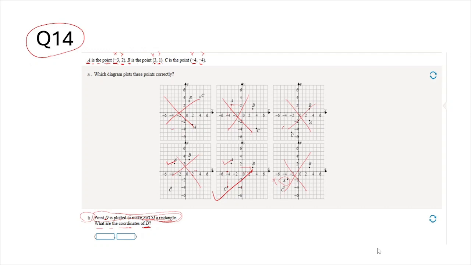That means we draw a rectangle here, like this one. And this is C. We'll draw the same rectangle here, so it will be like this one.